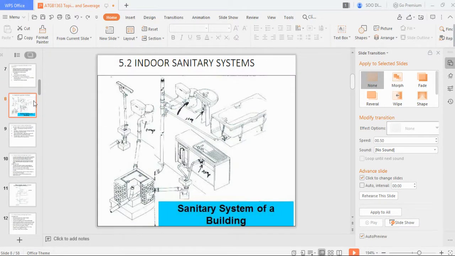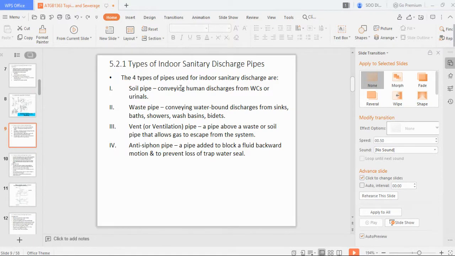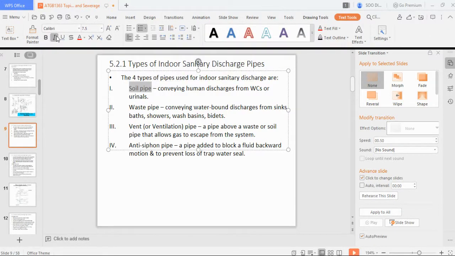So we have our indoor sanitary system, which is our basin and WC. In our indoor sanitary discharge pipe, which is related to your assignment, there are actually 4 types of pipe being used indoor. The first is your soil pipe, which is used to convey the human waste, usually fecal matter and urine. So the sanitary appliances are the WC or urinal.